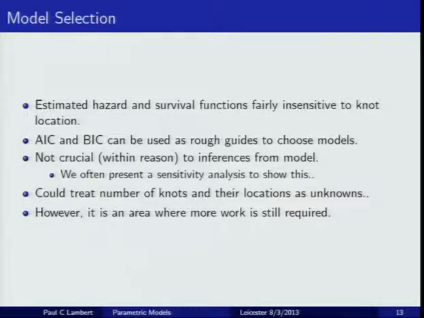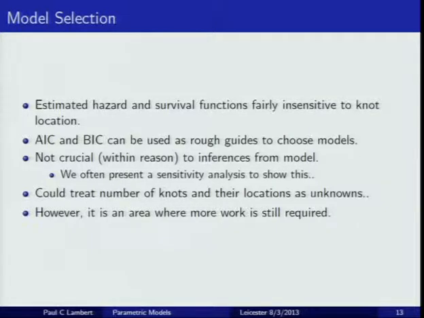In general, through the use of these restricted cubic splines, the linearity restriction is actually quite important, and it's more stable than standard cubic splines. As long as you have a reasonable number, both the hazard and survival functions are fairly insensitive to knot location.